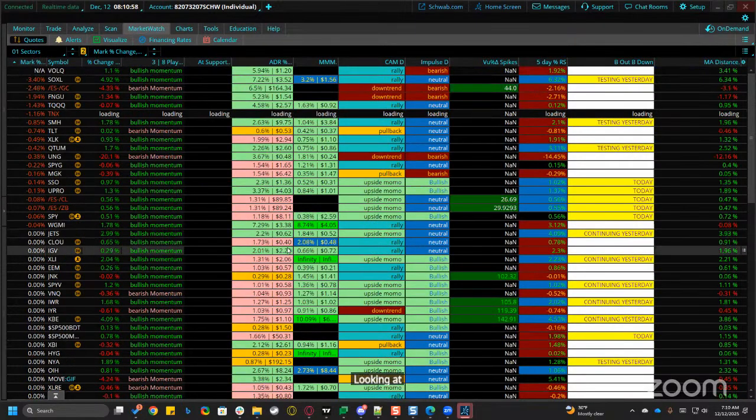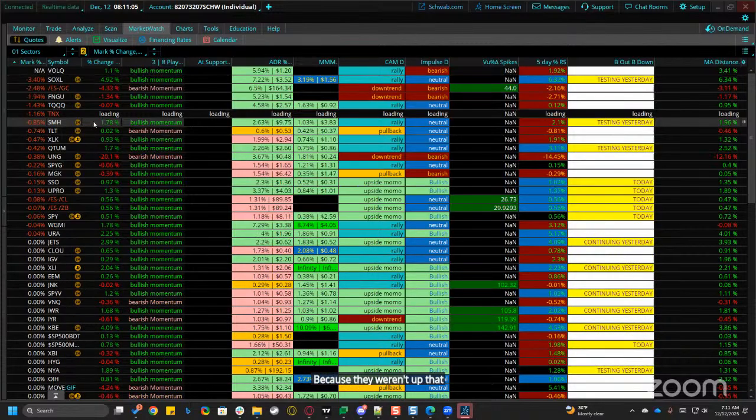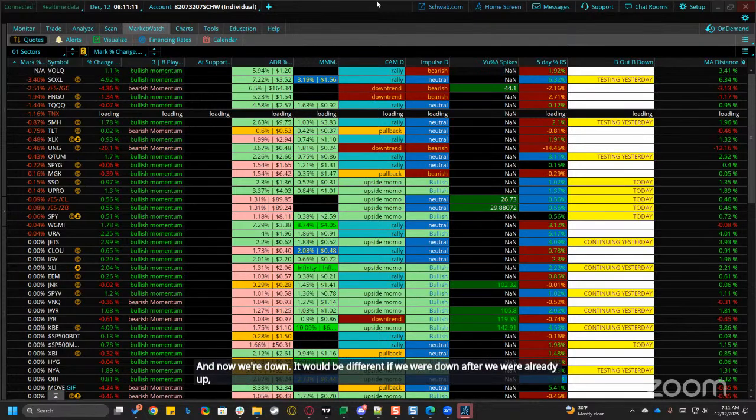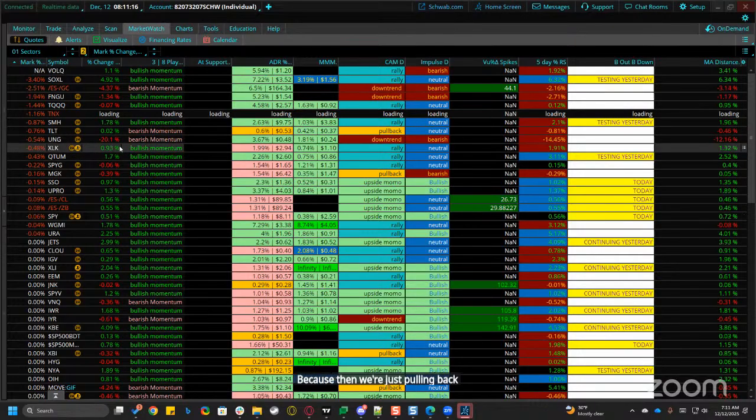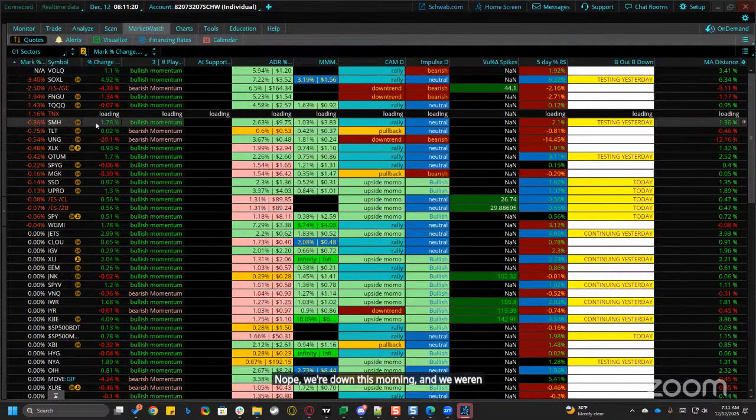Looking at what's down this morning, chips really stand out as being down because they weren't up that much over a 5-day period, and now we're down. It would be different if we were down after we were already up, say, 10% in a 5-day period, because then we're just pulling back after making a good run. No, we're down this morning, and we weren't really up all that much.